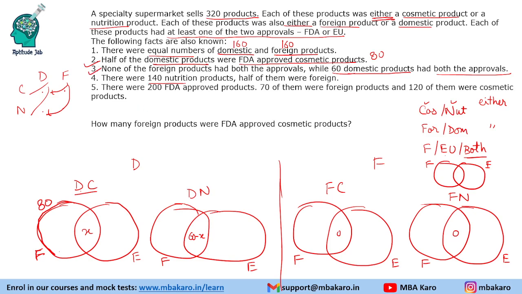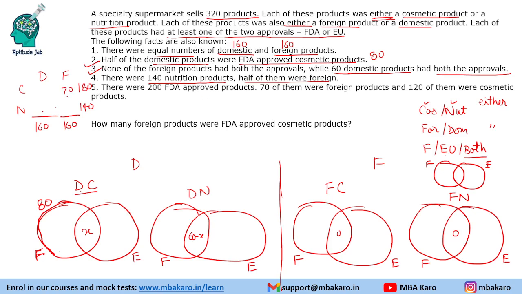There were 140 nutrition products, half of them were foreign. So it says that 140 nutrition products. So you can visualize like this. There were equal domestic and foreign. So domestic was 160, foreign was 160. 140 nutrition products, nutrition is 140. And out of these 140, half were foreign.